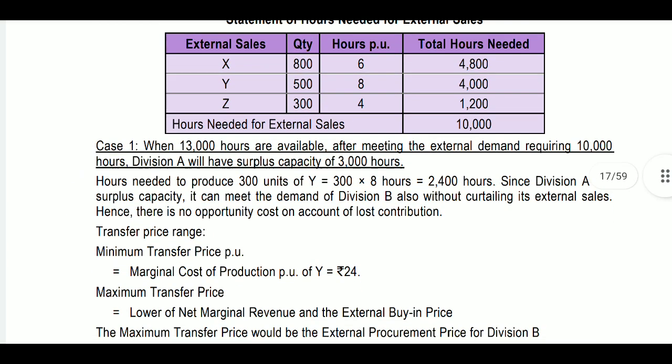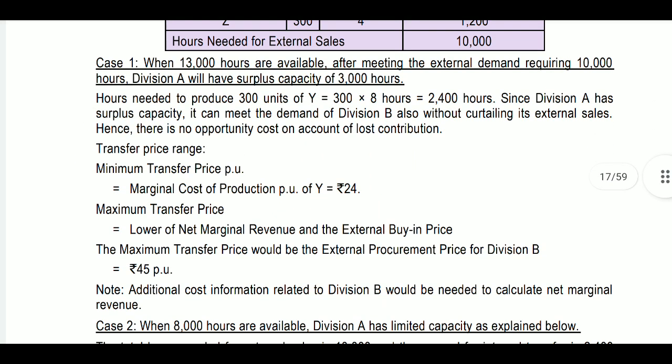Since division A has surplus capacity, it can meet the demand of division B without curtailing its external sales. So there is no opportunity cost on account of loss of contribution; it will not lose any contribution. So the minimum transfer price will be the marginal cost per unit, which is 24 rupees. What is this 24 rupees?